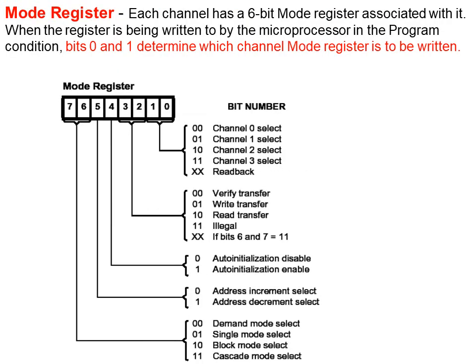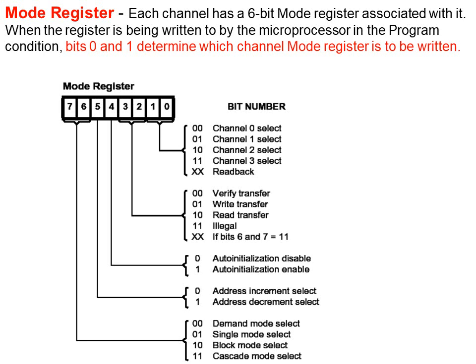Now we have the mode register, which defines in which mode the 8237 is operating. In this, bits 0 and 1 represent which channel we have selected. If this is 00, that means channel 0; 01 means channel 1, and so on, depending upon the channel selection. With 4 channels, 2 bits are sufficient to represent the channel selection.